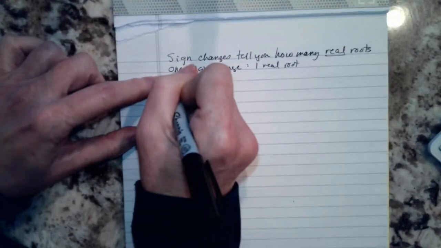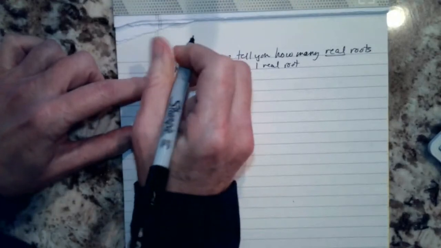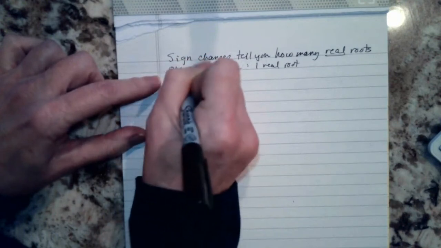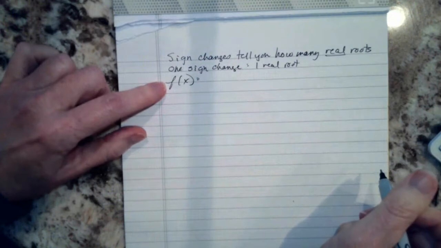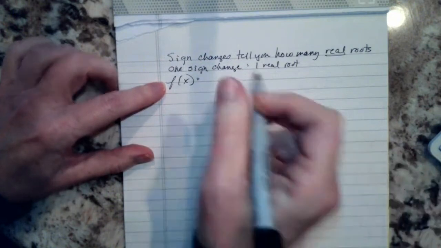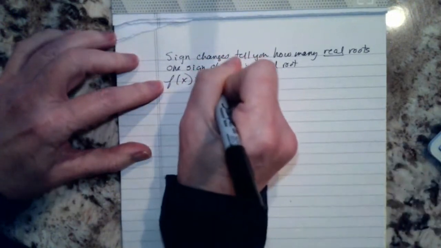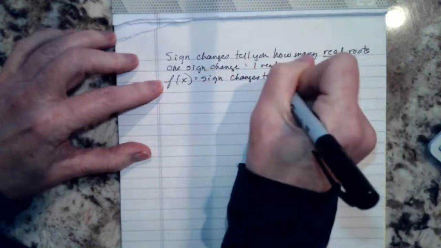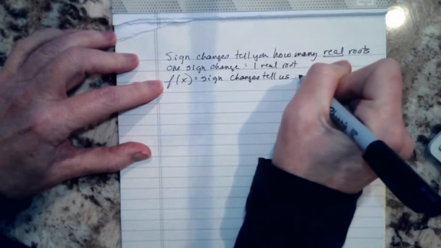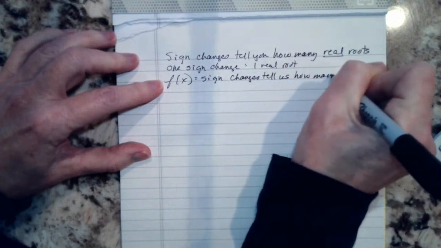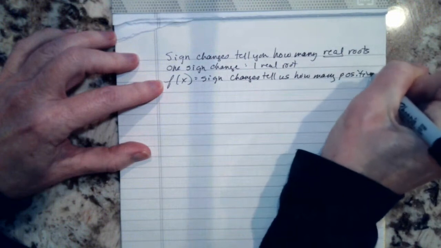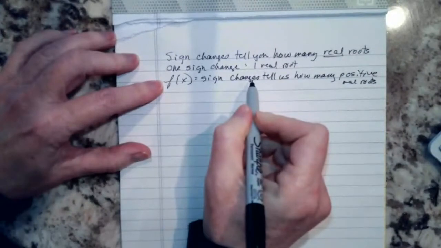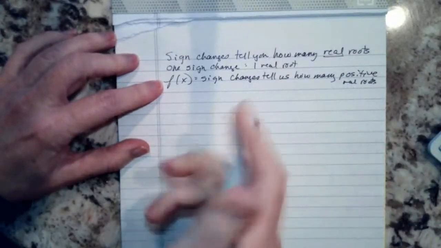Multiple sign changes, okay. If we're looking at f of x, the equation itself, just staring at the equation that they give us, then the sign changes will tell us how many positive real roots we have.